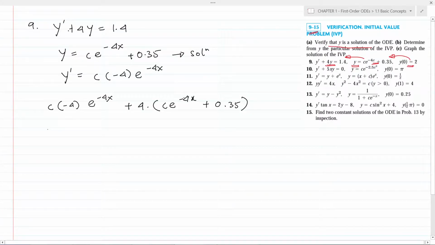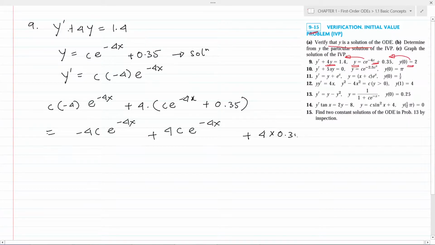which we can solve and we get -4c e^(-4x) + 4c e^(-4x) + 4 multiplied by 0.35.